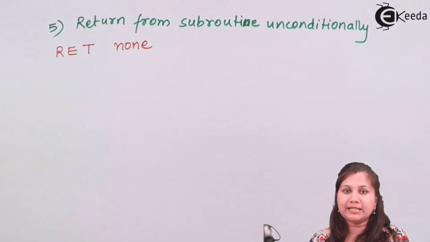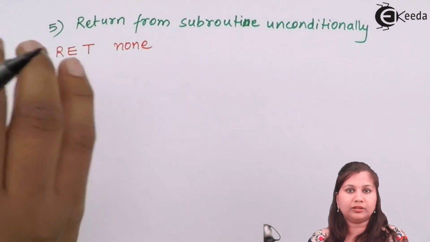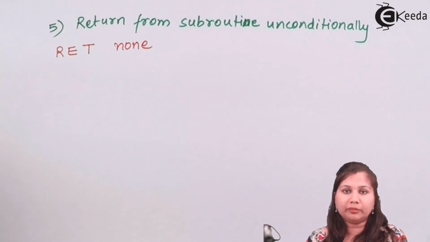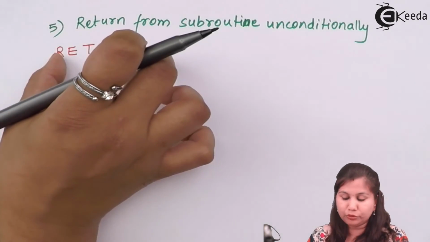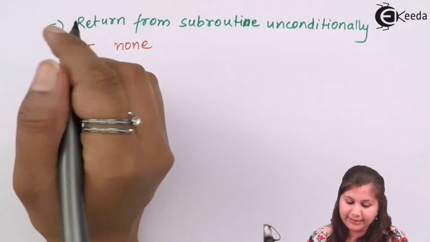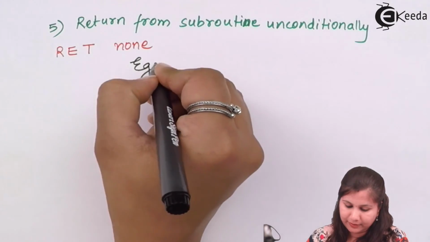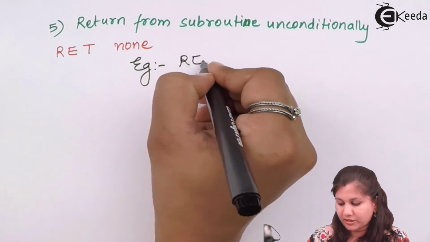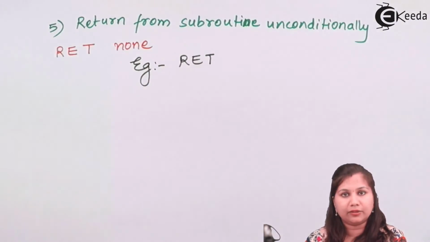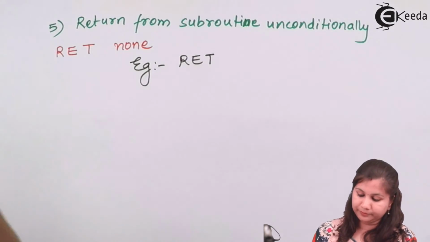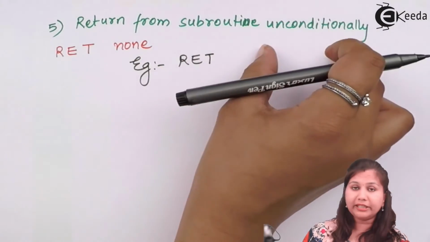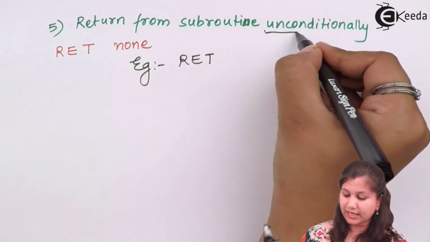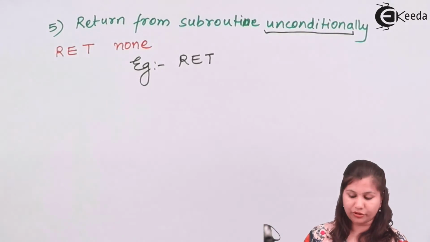So the complete 16-bit address will be available to us from the stack, and the microprocessor can return back to the main program through this instruction. Example of this is, we are just writing RET. So here no condition is specified, so it is an unconditional return instruction.